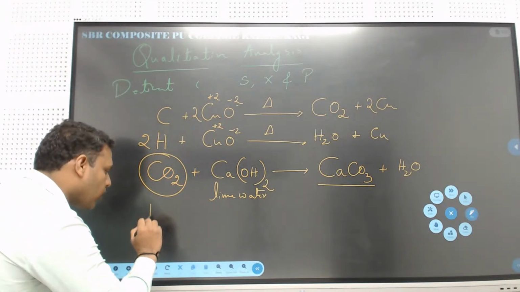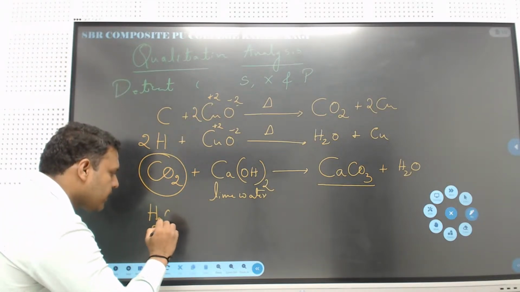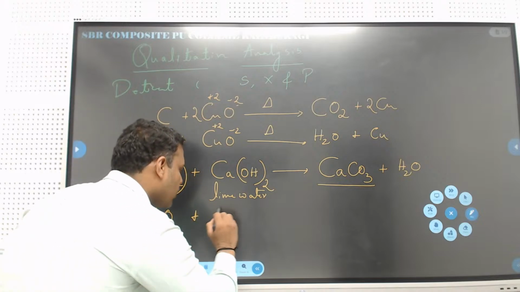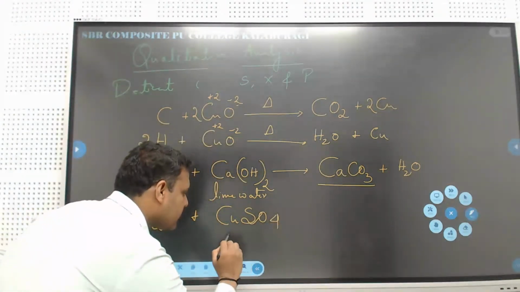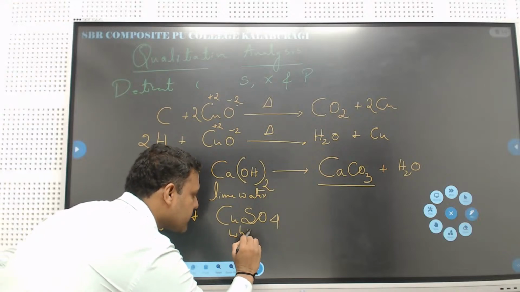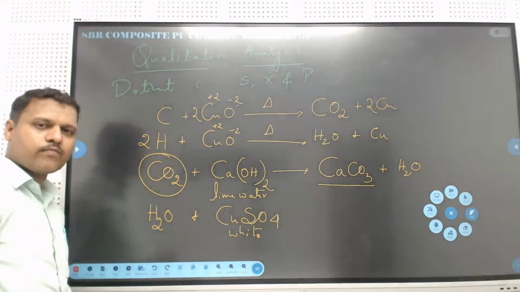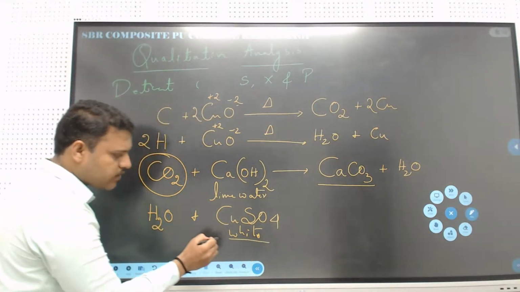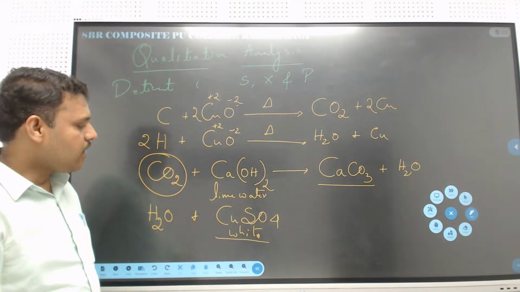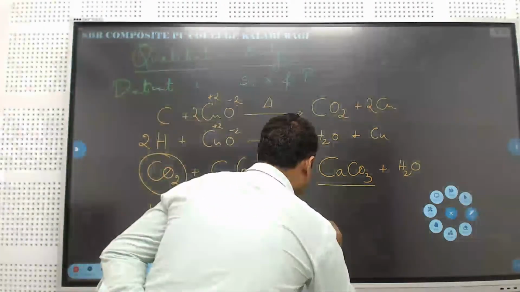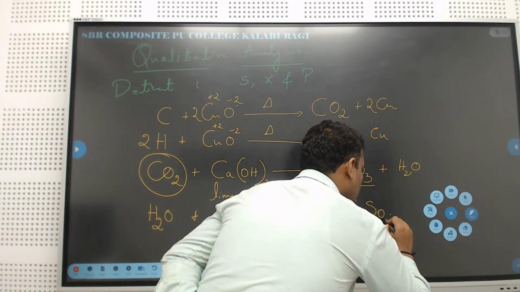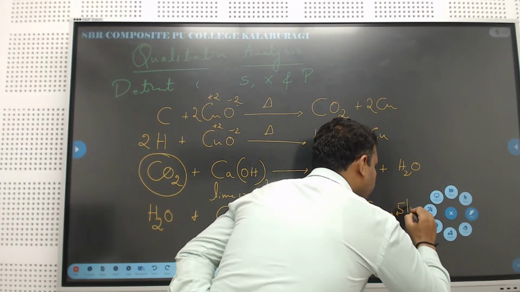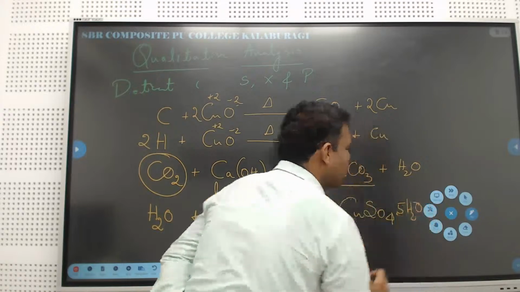Similarly, the water vapor formed, if it is treated with copper sulfate, which is white in color, or we can also term it as anhydrous copper sulfate, will be converted into copper sulfate with 5 molecules of water.